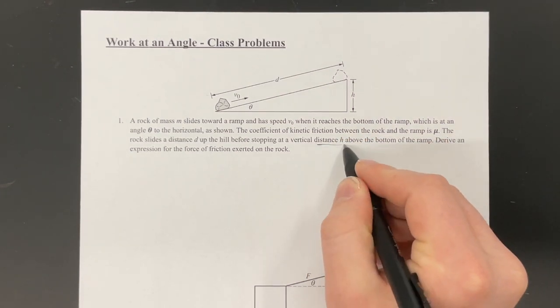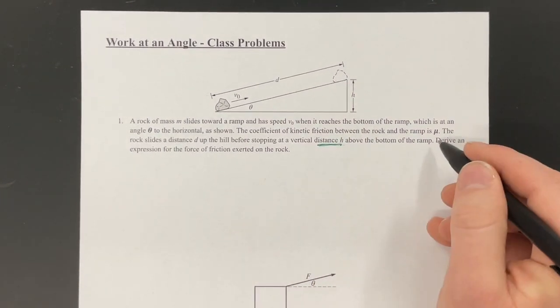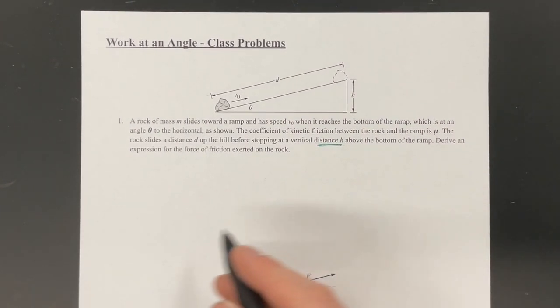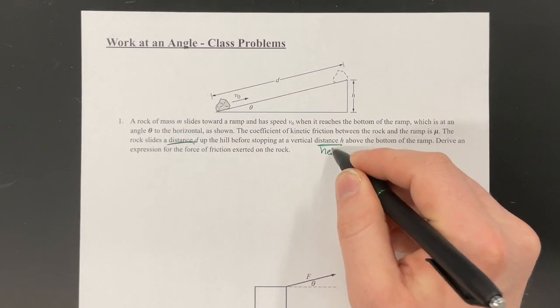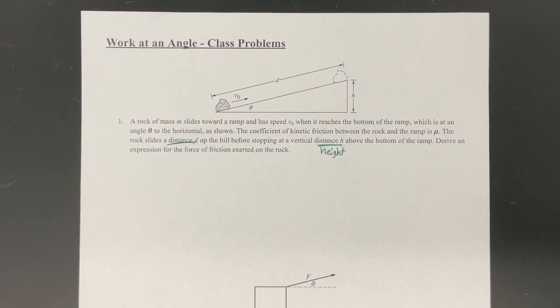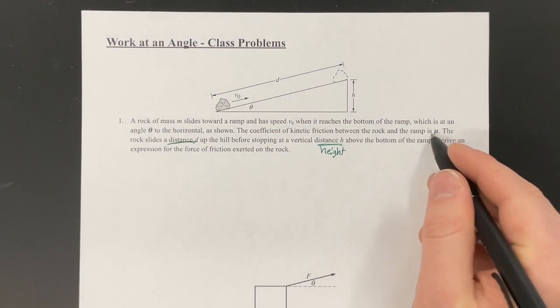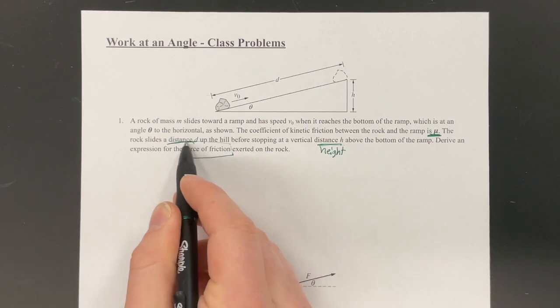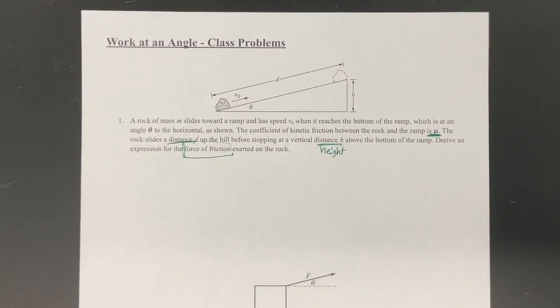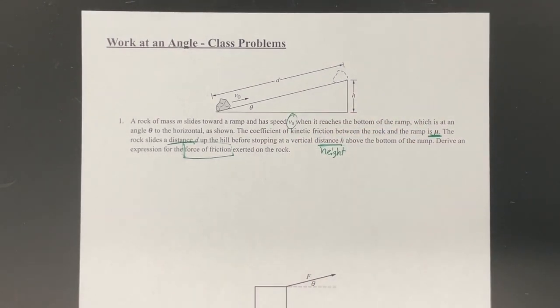Well, there's a couple of things here. We've got distances, we've got heights, right? A vertical distance is a height. There's a mu, but it asks us for the force of friction. Force of friction is related to velocity and distance.